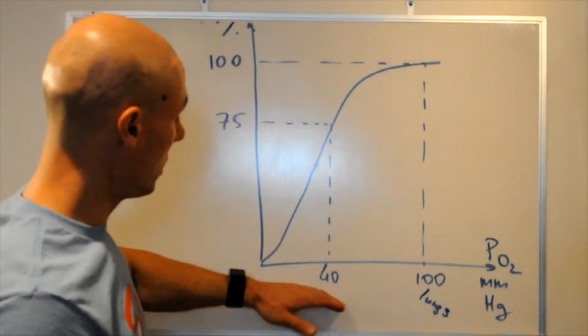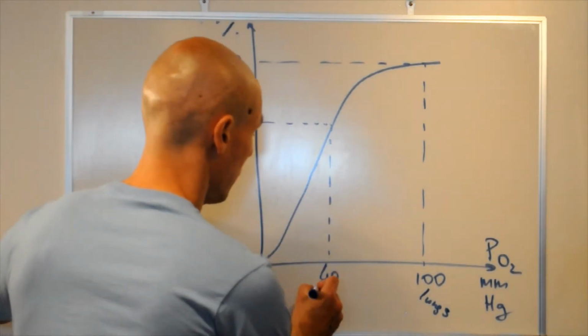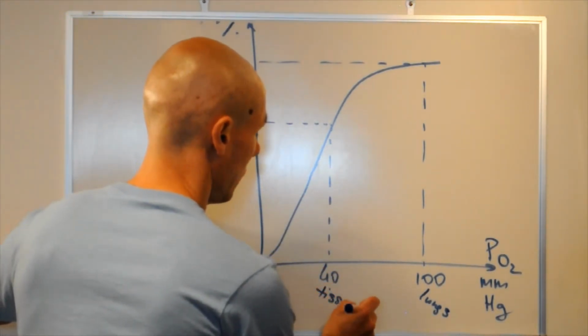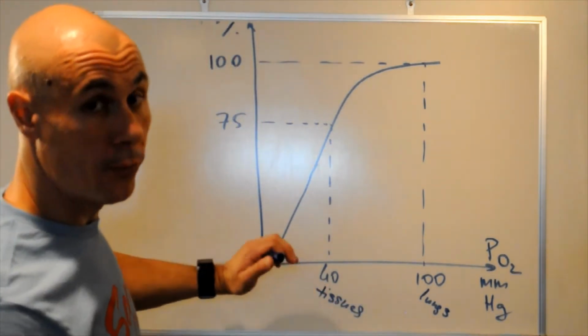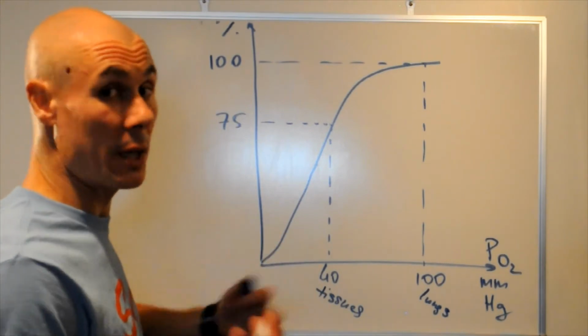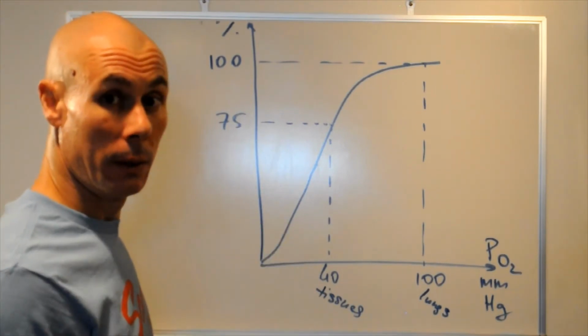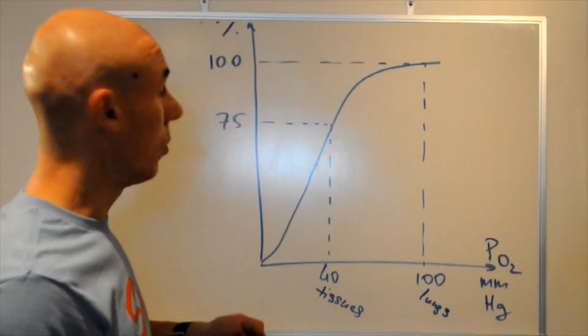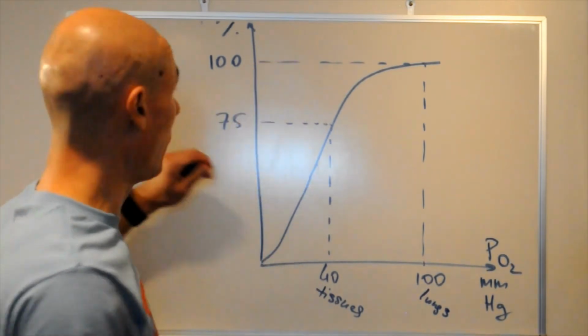As it goes into the tissues, for that partial pressure, for 40 millimeters of mercury, saturation should be 75. That's how nature works. So it has to go from 100 to 75.